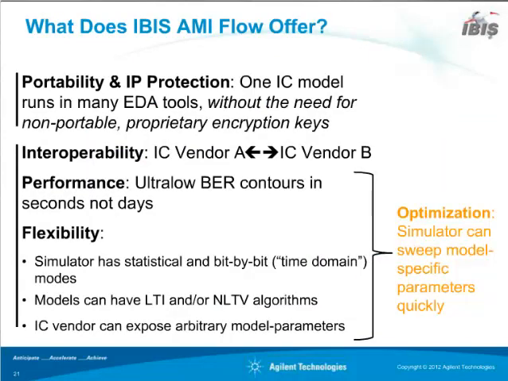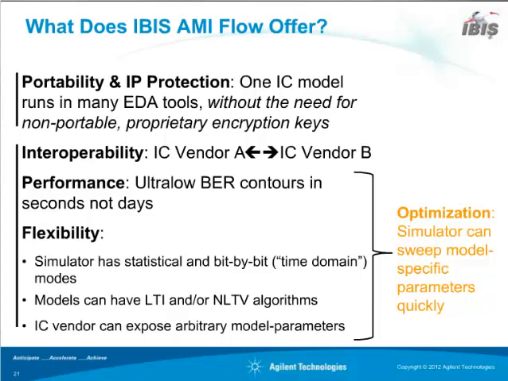So what are the benefits of the IBIS AMI flow other than the capability that we've talked about? Well, one clear benefit is portability and IP protection. As you'll see, the core of the model is a compiled C model, which means it's basically, I'll say encrypted. It's not encrypted, of course, but a compiled model gives you a good level of security.